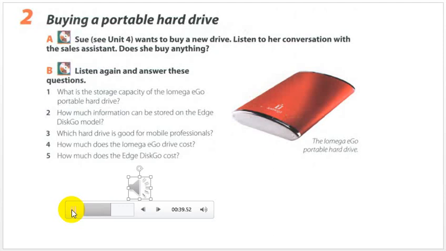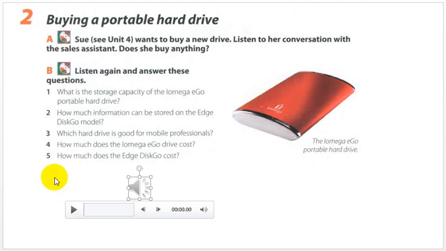Well, not necessarily. It all depends on your needs. The iOmega is more for mobile professionals, as it's big enough to back up your entire PC. The Edge drive, on the other hand, is ultra lightweight, so it's ideal for transporting personal files like photos, music, and data files. I see. And how much do they cost? The iOmega Ego costs £68, and the Edge Disco is £55. Right. Thanks very much. I think I need to think about it.